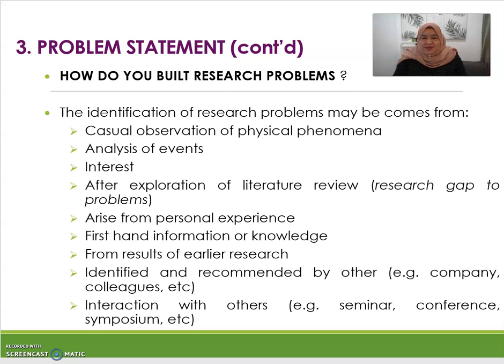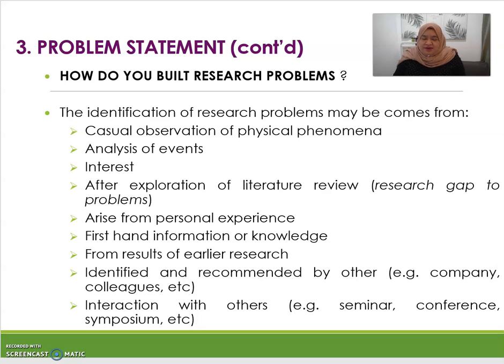Alright, how do you build your research problem? You can have various sources or ways of identifying your research problem. First is casual observation, which means you look around you and try to observe the physical phenomena happening around you. Secondly, analysis of events could be your interest.